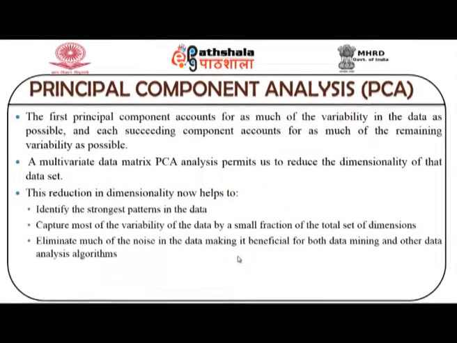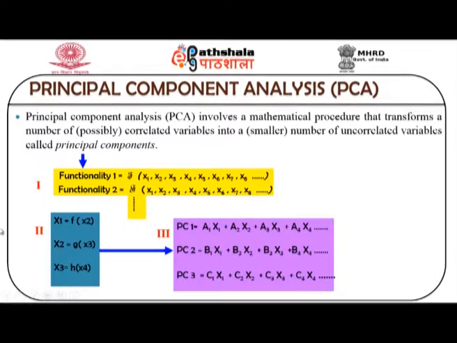In principal component analysis, the first principal component accounts for as much of the variability in the data as possible, and each succeeding component accounts for as much of the remaining variability as possible.